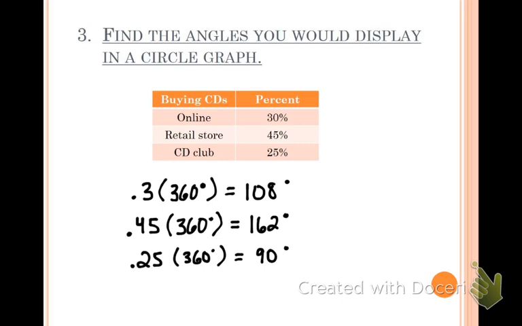When you add all those angles up, what do you get? 360. As long as you added it up and got 360, you know you did it correctly. Any questions on that? All right, that's the main things that you need to know about our circle graph.